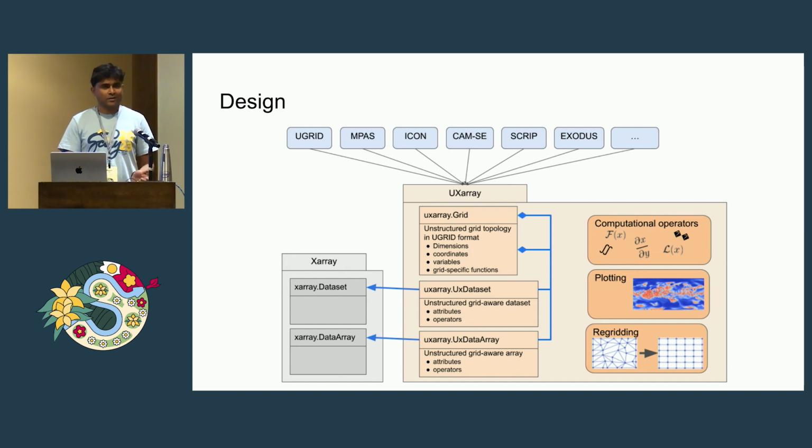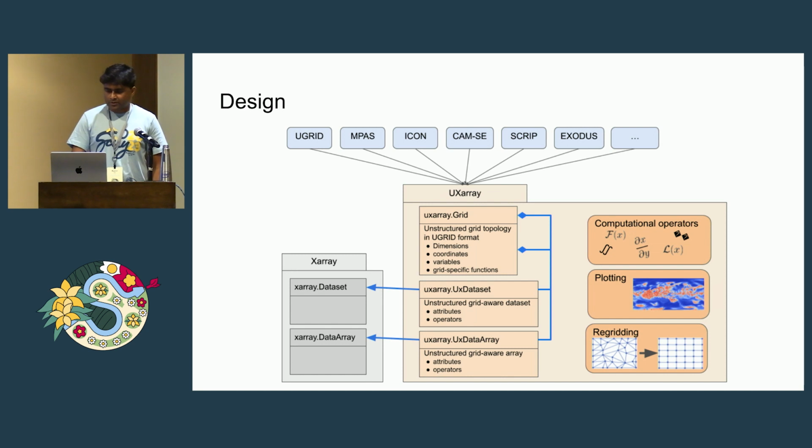So the current design is that we inherit from xarray and make UX data set and UX data array to work on things. Currently, we have support for loading and writing UGrid, MPAS, SCRIP, and Exodus. And we are actively working on other operations.